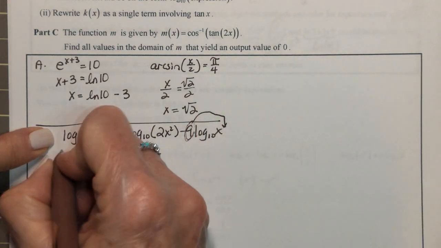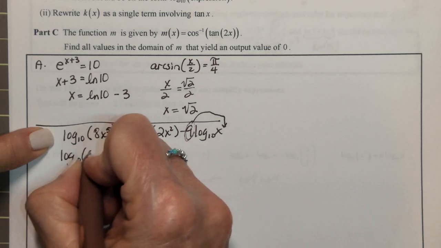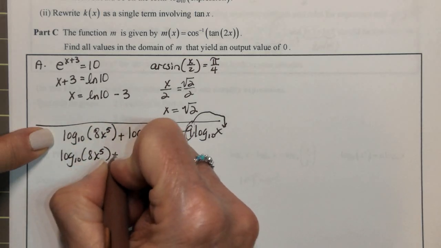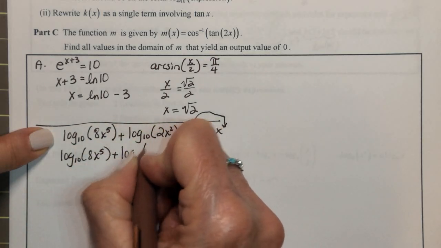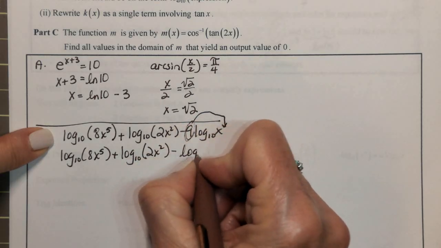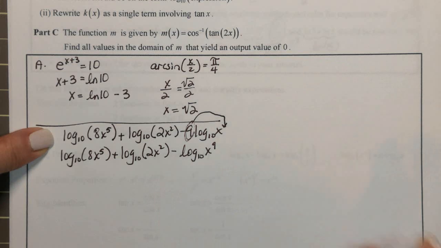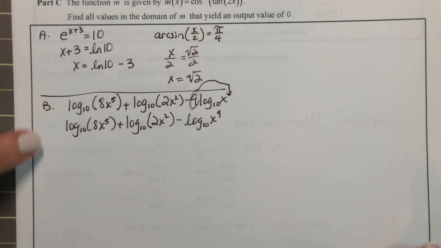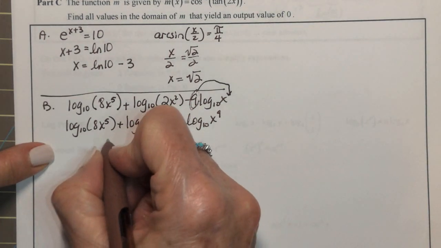You don't have to rewrite this if you just see what you're going to need to do. Now we can combine this into a single log base 10.